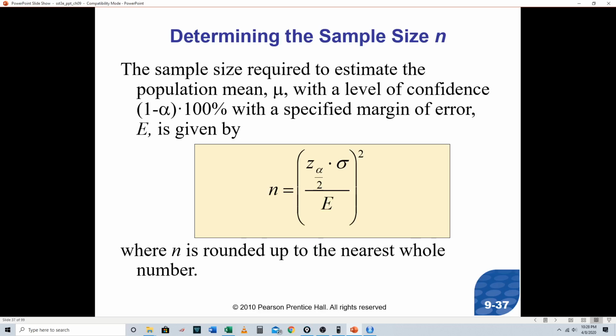Well, in order to limit your margin of error, we have to do one of two things. One, we could change the confidence level. The higher the confidence level, the larger our margin of error is going to be. So if we want a smaller margin of error, we would lower our confidence level. So we're just less confident.